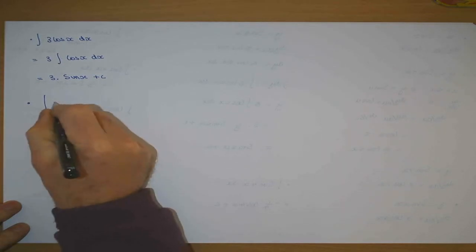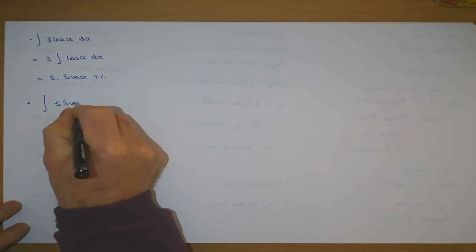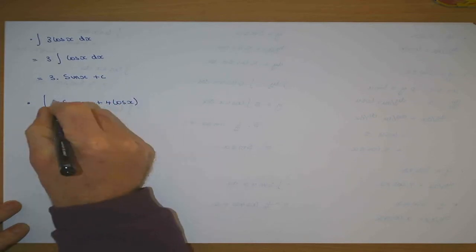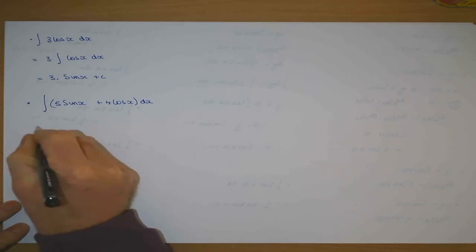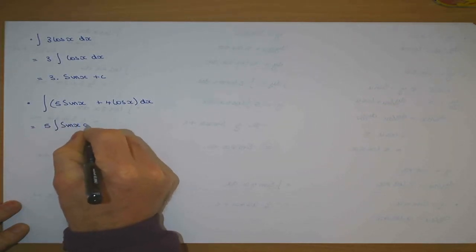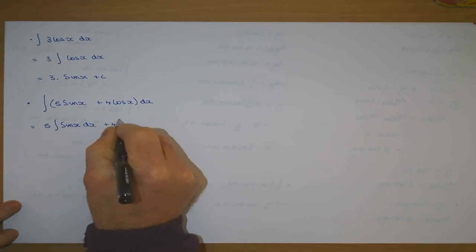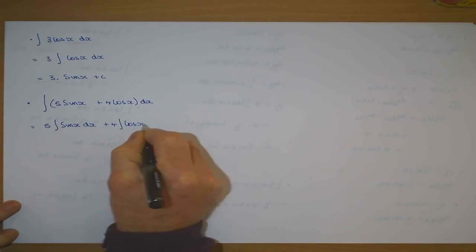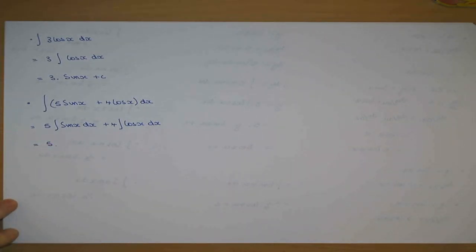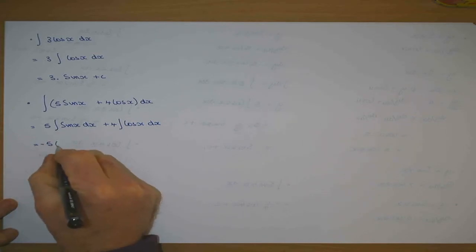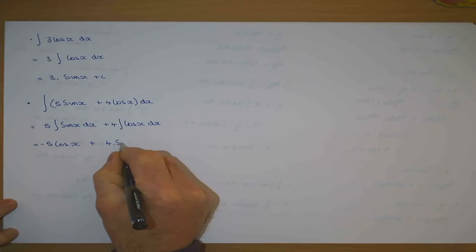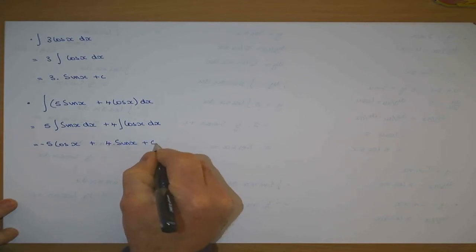If I asked you to integrate 5 sine x plus 4 cosine x dx, you know that's the same thing as 5 times the integral of sine x dx plus 4 times the integral of cos x dx, which is 5 times minus cosine x plus 4 times sine x plus c.